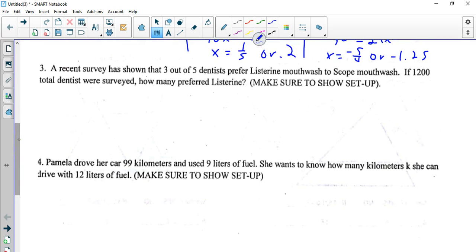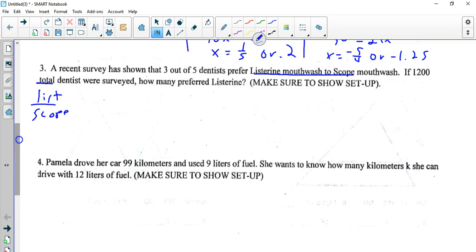Okay. Again, this helps set up a word fraction. And at first when you read this, it says they prefer Listerine to Scope. So you might say, oh, that's going to be Listerine over Scope. But then reading further, it says if 1,200 total dentists were surveyed, how many preferred Listerine?